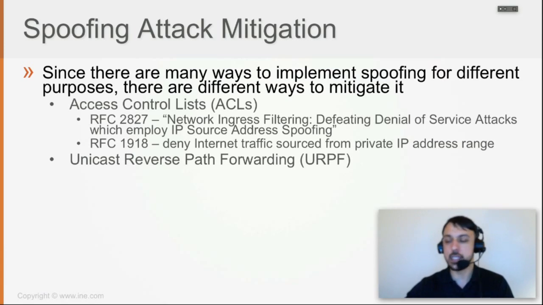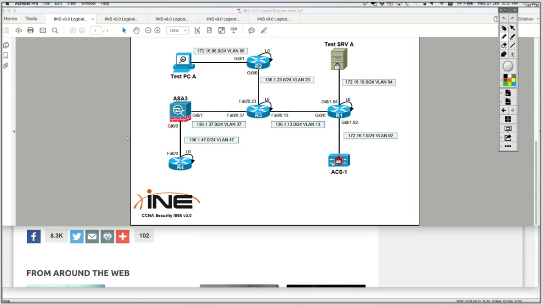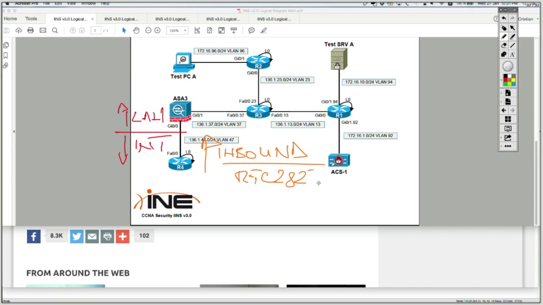So what this means is that you would go to the edge of your network, facing both the LAN and the internet. And inbound from the internet, you're going to perform source filtering. You're going to do IP filtering on the source based on both RFC 2827 and RFC 1918.